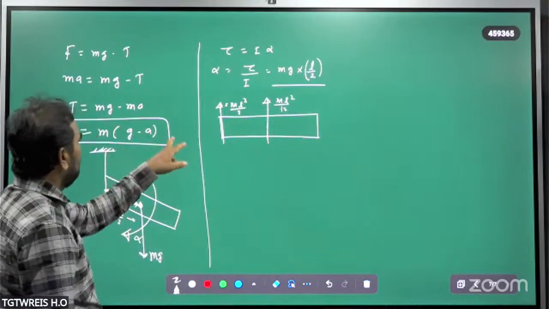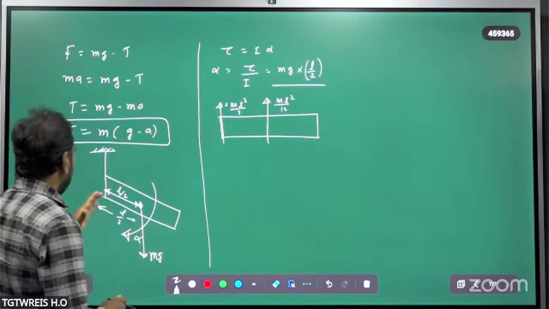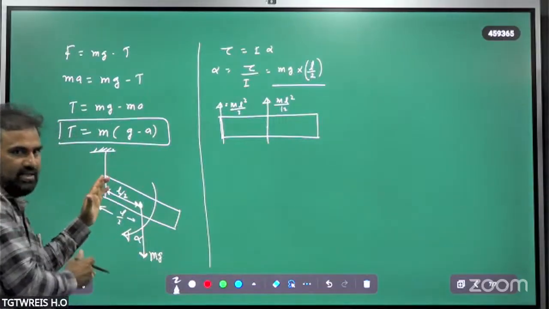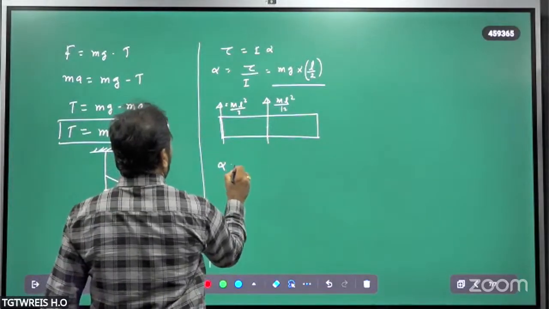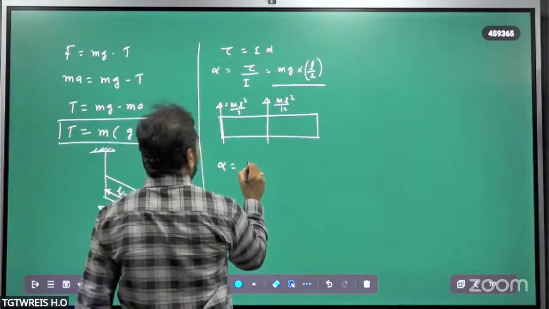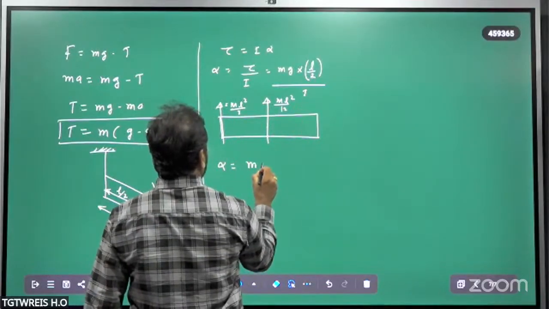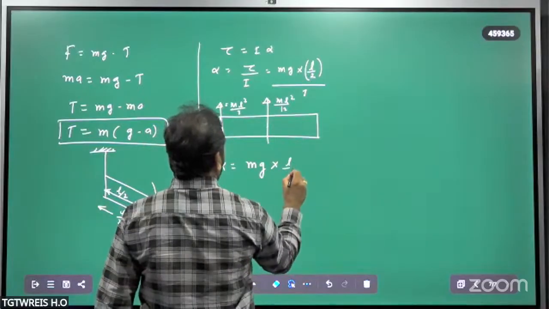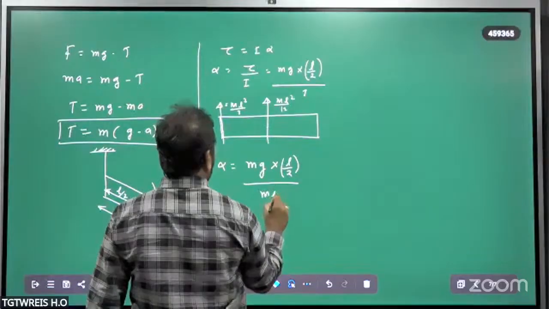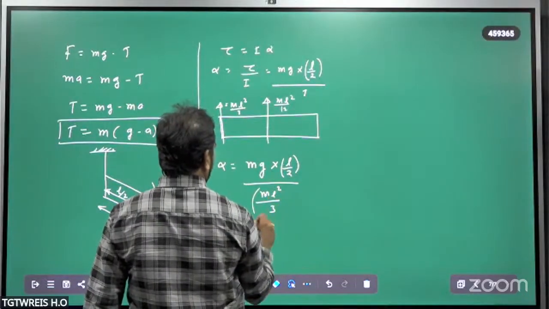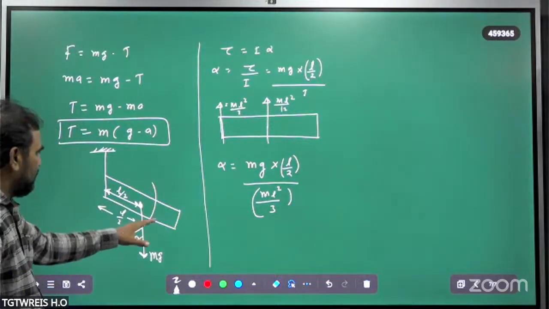We have to calculate the moment of inertia about this end, because the rod is rotating with respect to this end. Therefore, alpha is equal to mg into L by 2 upon ml square by 3. This much angular acceleration it will have.